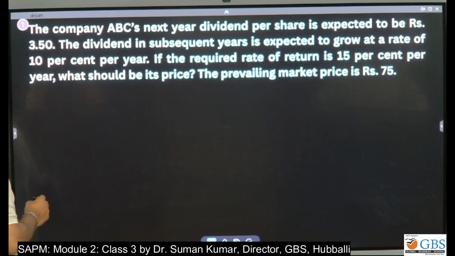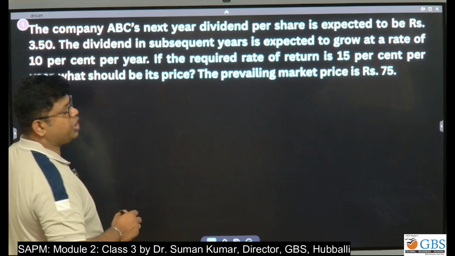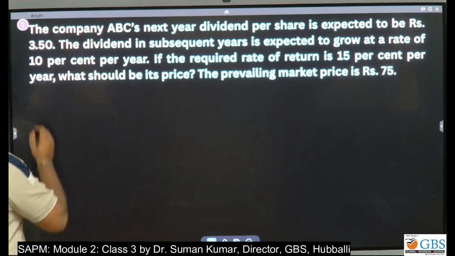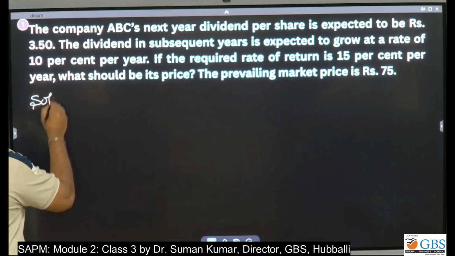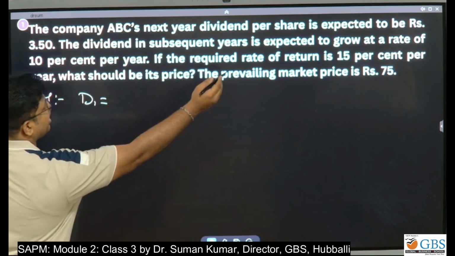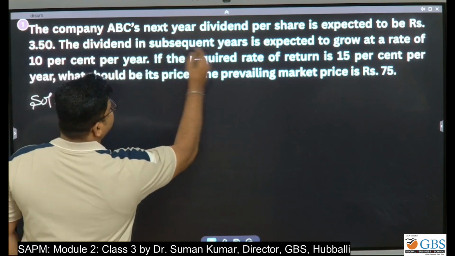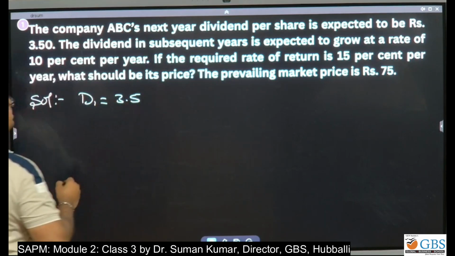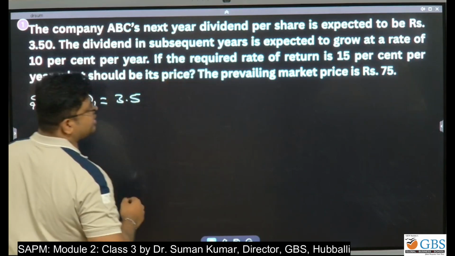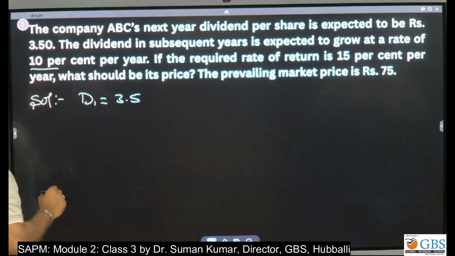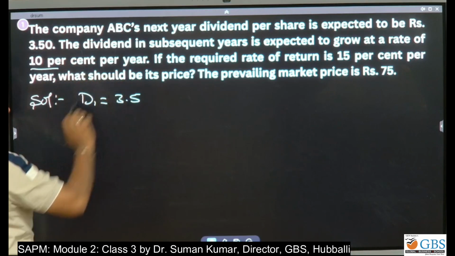The company ABC's next year dividend per share is expected to be rupees 3.5. So, solution. Given D1, next year dividend, D1 is equal to 3.5. The dividend in subsequent years is expected to grow at the rate of 10%, so 10% every year.